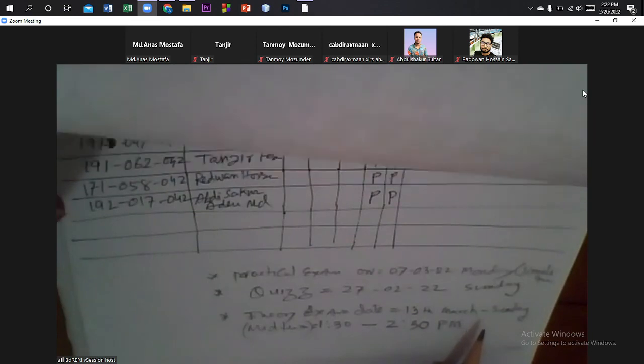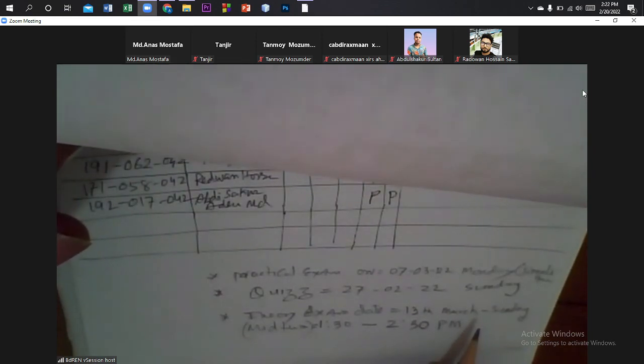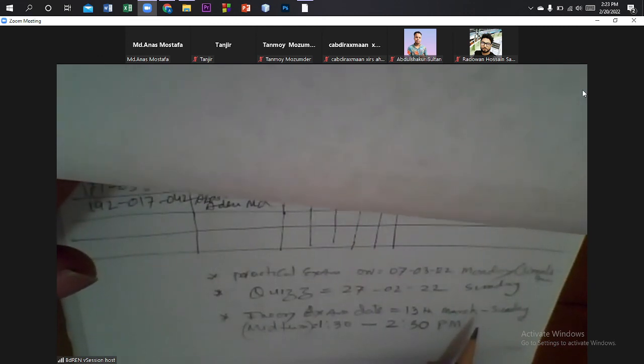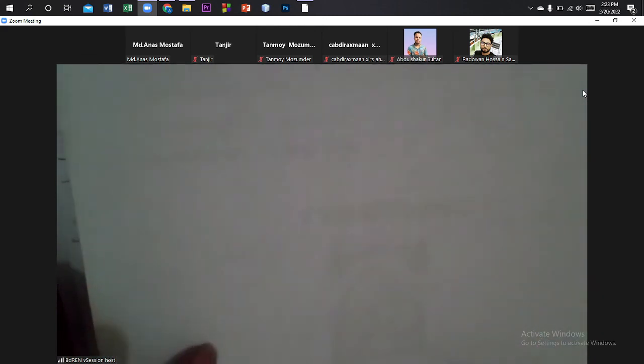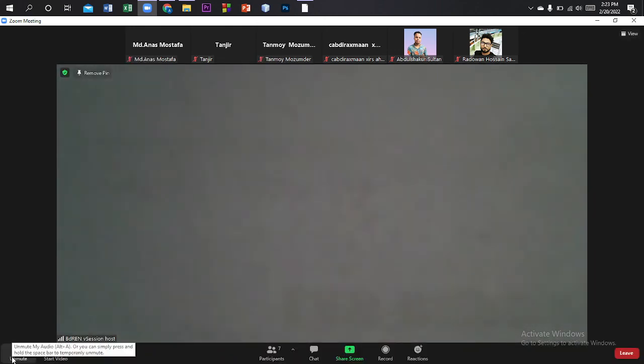And from the routine you can see our room number. What will be our room number? Classroom number on Sunday, from the routine. Can you see in the routine?